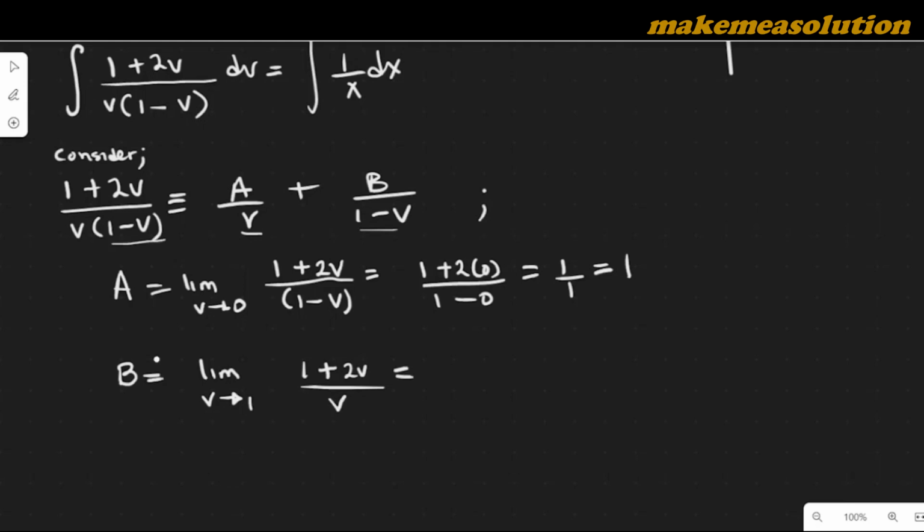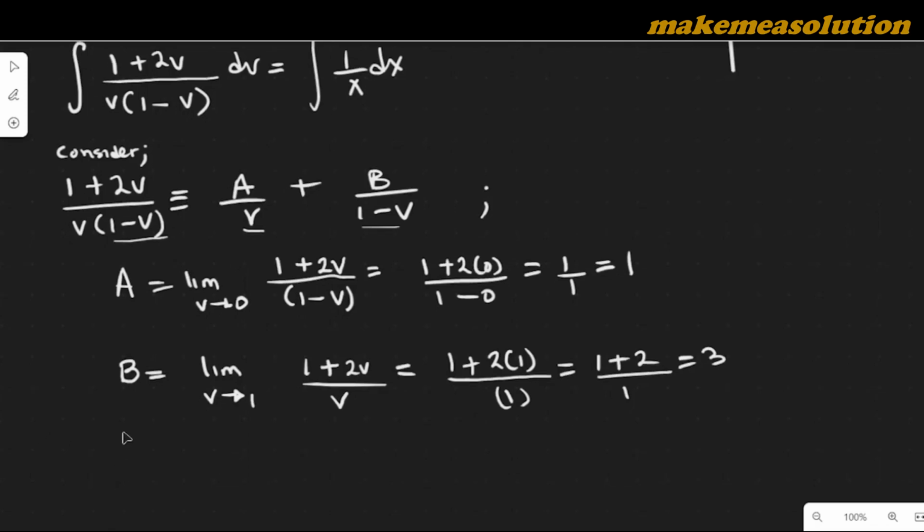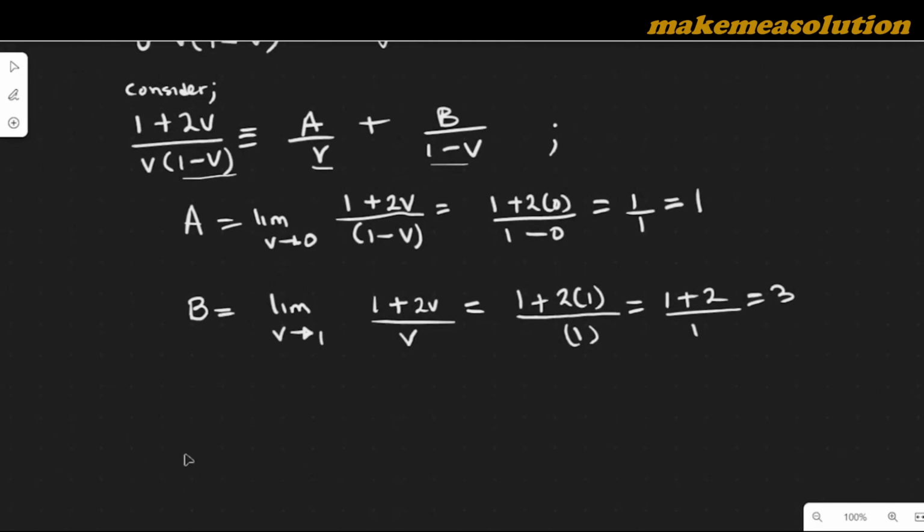So you are going to have 1 plus 2 into 1, by applying the limits, direct substitution. So this gives you 1 plus 2 all over 1, and this is equal to 3. Okay, so I believe that we can keep on going from here.